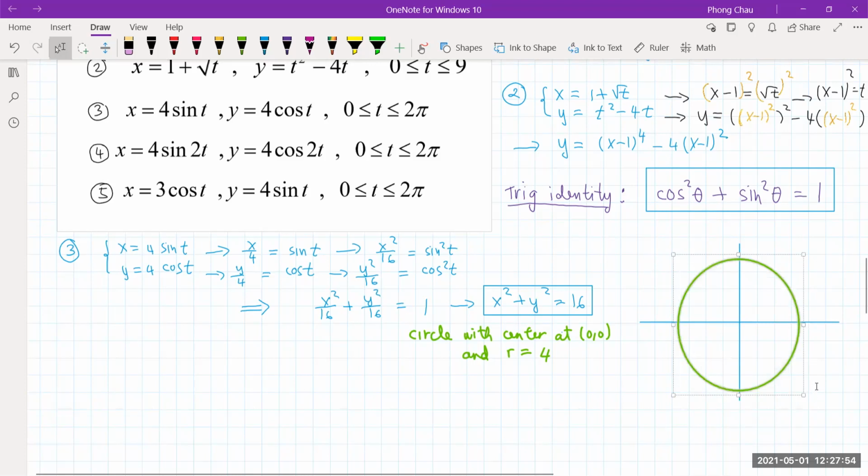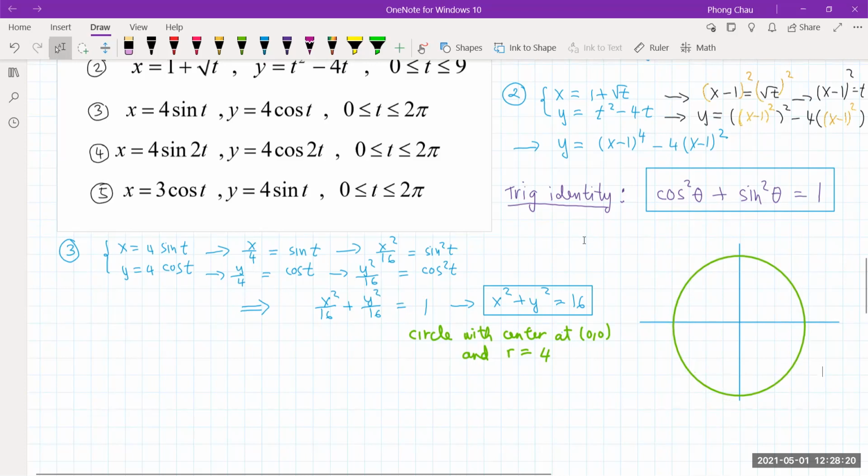Right, so roughly, I think that's our graph. Again, the center is at the origin with radius 4. Okay, radius 4. All right, so that is the graph.